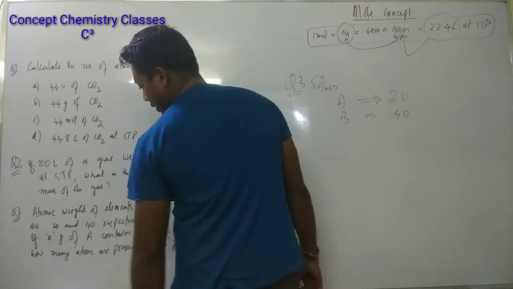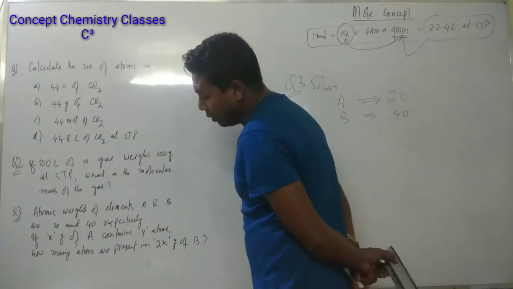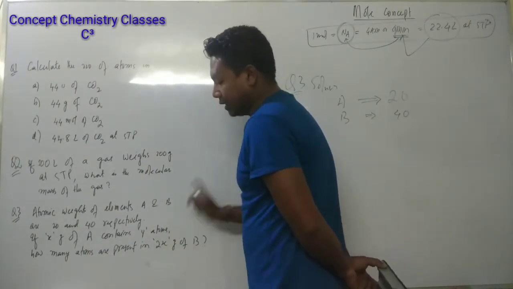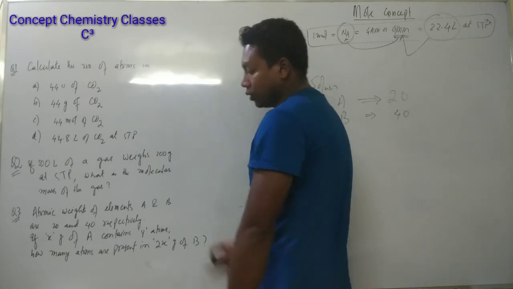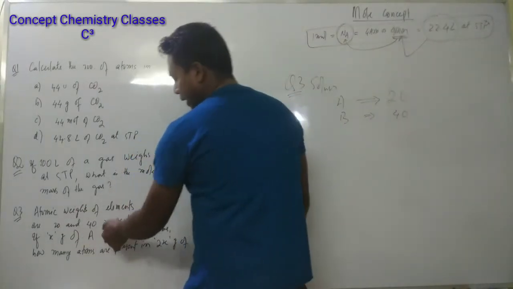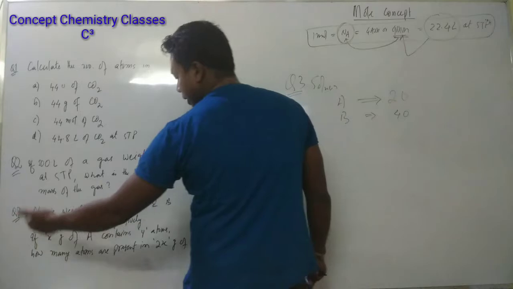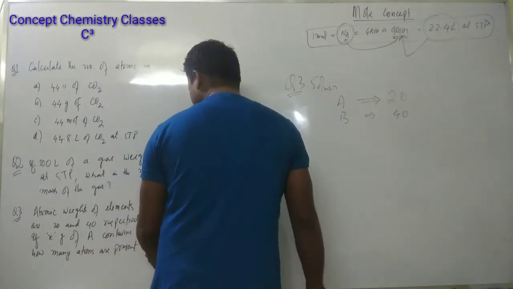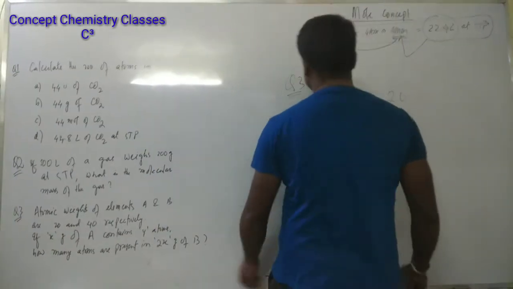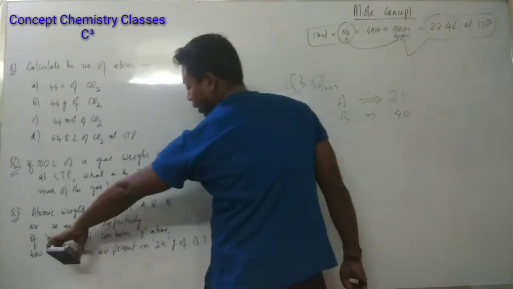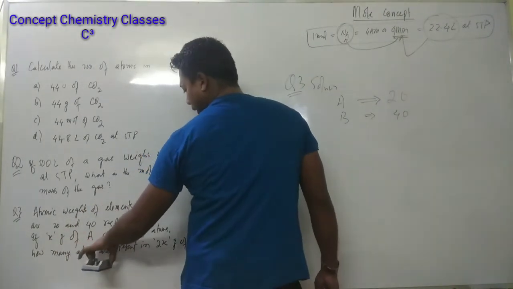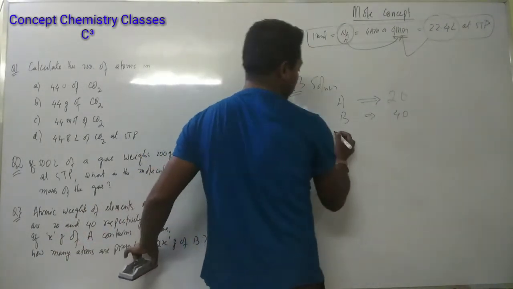Now it is given here that X gram of A contains Y atoms. The question is, if X gram of A contains Y atoms, then how many atoms are present in 2x gram of B?